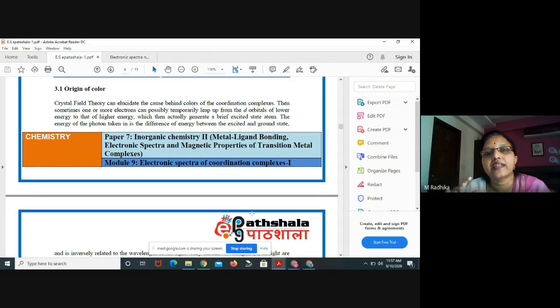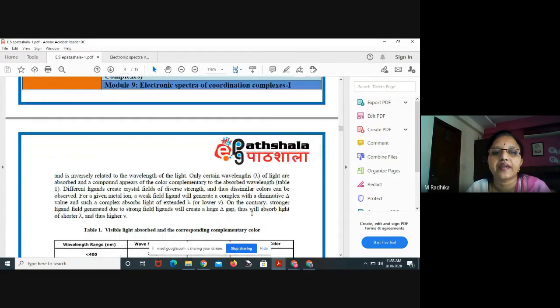That much energy you should supply for the electron to jump from the T2g level to the Eg level. When I give that much energy, which is available in the visible region, the electron is going to jump from the lower energy level to the higher energy level.